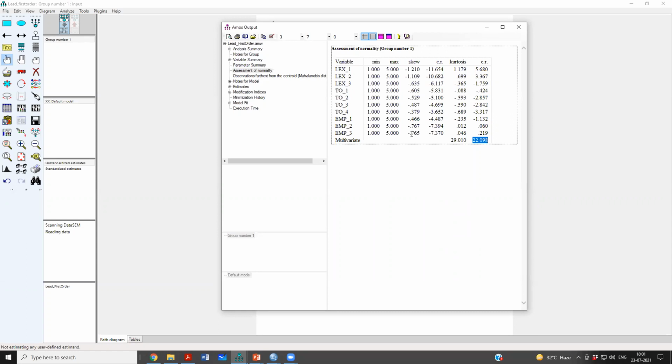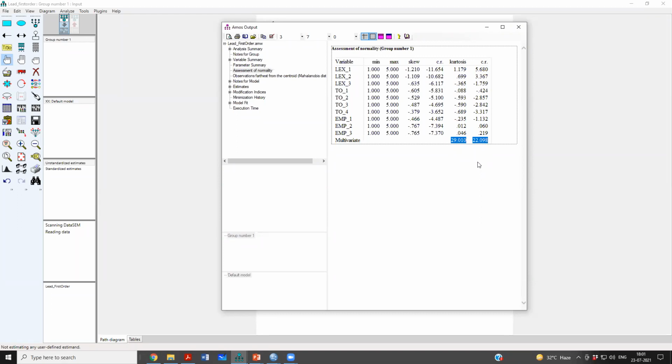Okay, thank you, sir. So here we are seeing a lot of items do not show a very large skew, and for kurtosis, all the items have values less than 3. So individually, if you look at it, not so much of a problem, but together there is non-normality in the data. Okay, thank you.